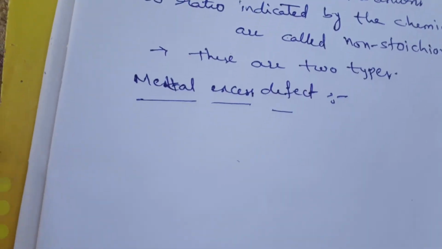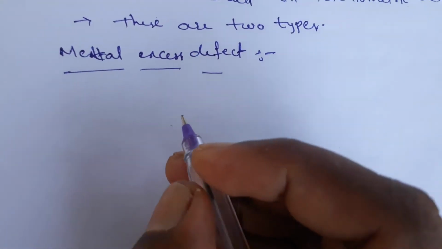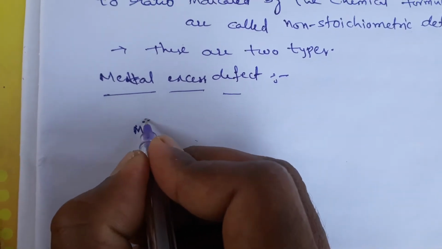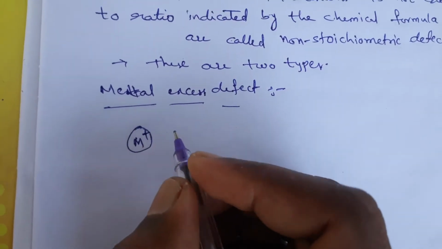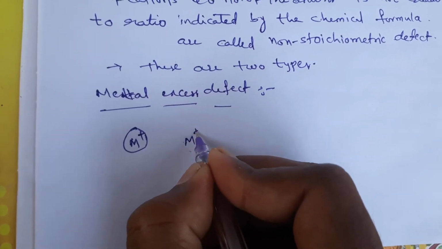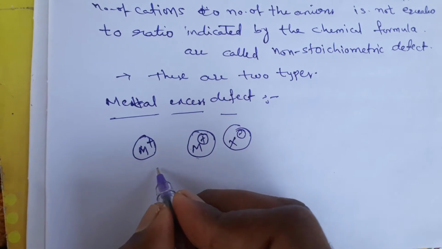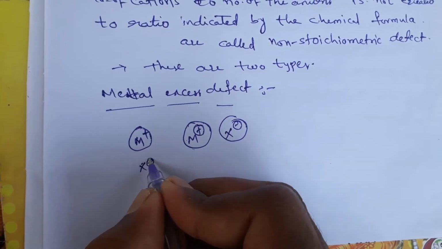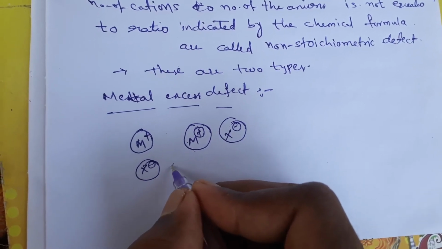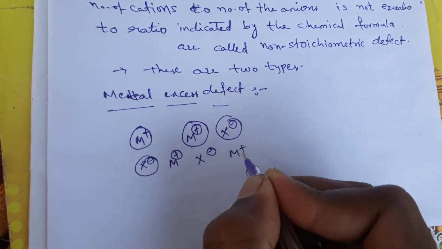If there are cations and anions, M plus and X minus, see here M plus and X minus, and here is M plus, and it is X minus, and here it is M plus.